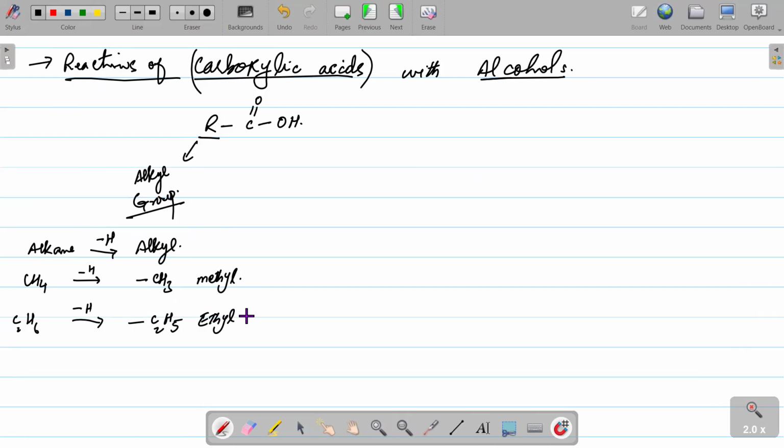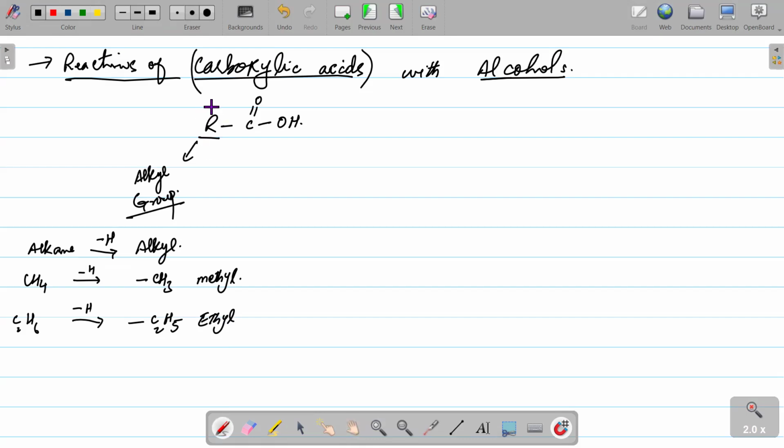Clear? So ethyl, that is the next member of this alkyl series.